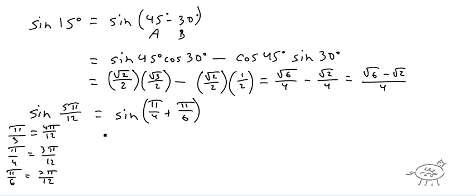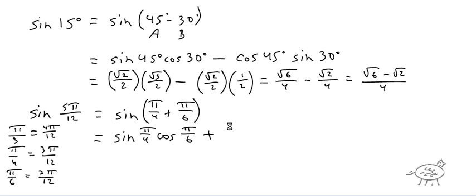And then I just use our sum and difference. So that's equal to sine of pi over 4 cosine of pi over 6, and because it's plus here, it's going to be cosine of pi over 4 and sine of pi over 6.